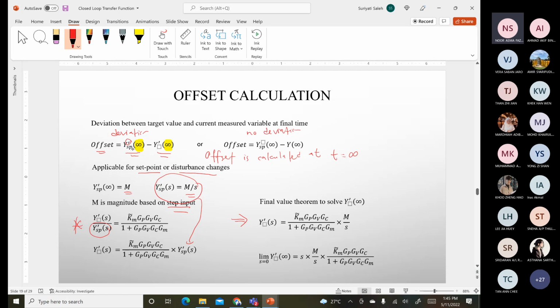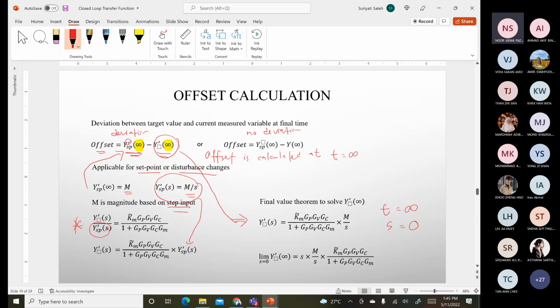So for the offset here, the Y prime SP infinity minus the Y prime infinity. Y prime SP infinity can be represented by your offset. So Y prime infinity, how to get it? You need to use the final value theorem. The final value theorem indicates that when the time equals infinity, S becomes 0. So this is the criteria for the final value theorem.